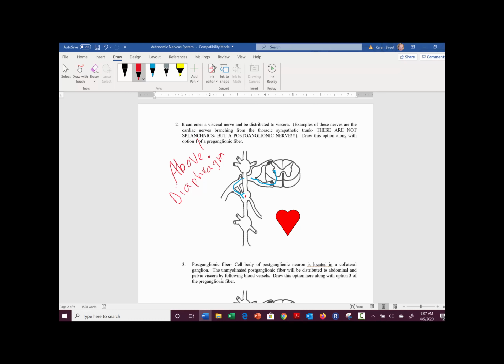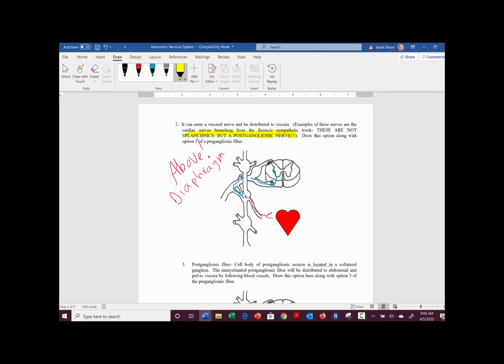Internal involuntary effectors like the heart and the smooth muscles that line the air passageways in your lungs. The postganglionic fiber is not going to exit the sympathetic trunk through a gray ramus. Instead, it's going to exit through a nerve out the back, I call it the back door, and then target that involuntary effector. This is not a splanchnic nerve. It is not. Splanchnic nerves, remember, are only preganglionic fibers.